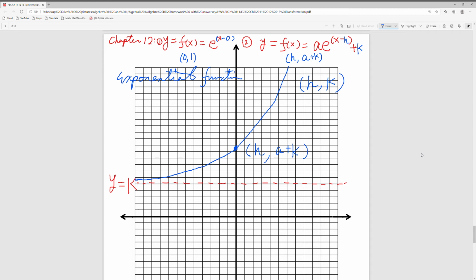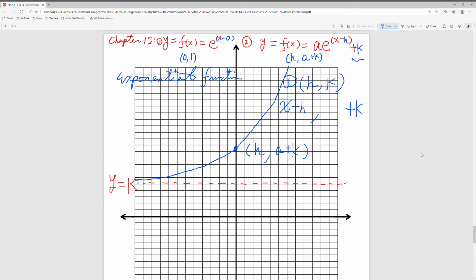In chapter 12 we don't have h, k exactly, but the kind of idea of h, k. Now that's the first concept. The second concept is you will see y equals something plus k at x minus h. So you can see x minus h and somewhere you plus k.